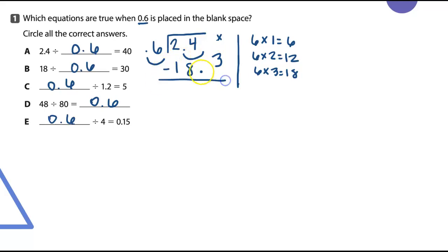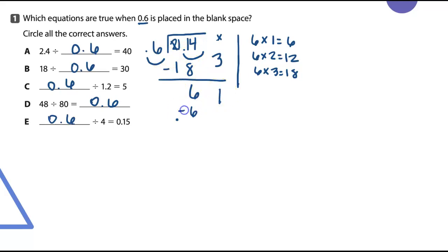I subtract. I can't take 8 from 4, but I can regroup and make that 14 and make this a 1. 14 minus 8 is 6. And then I'm left with none left over. 1 minus 1 is 0. So what times 6 gives me 6? 1 does.